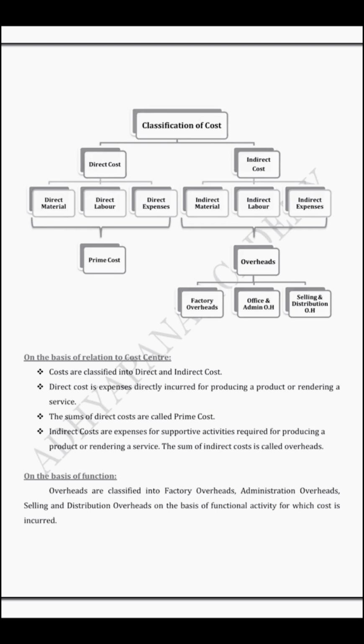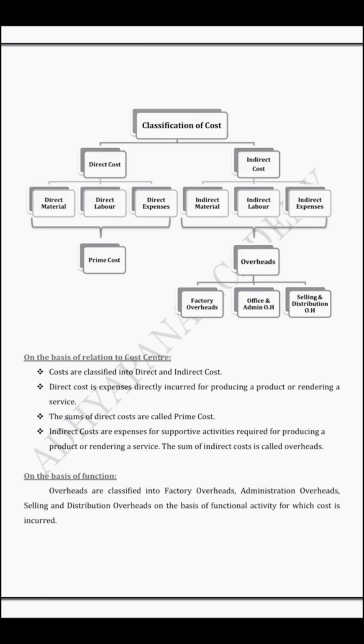This overhead can further be subclassified based on the purpose or the place or the function for which it is incurred. It can be classified into factory overheads, administration overheads, selling and distribution overheads. If you incur certain expenses at the factory place, you call it factory overheads. If it is related to administrative work, you call it administration overheads.